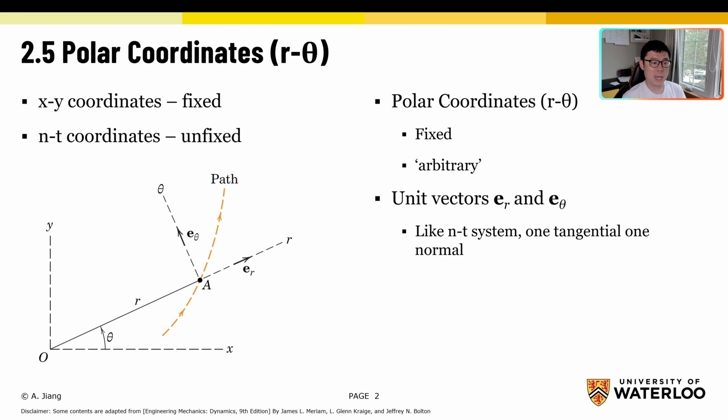Similar to the xy and nt system, the polar coordinate system also has a pair of unit vectors called er and e theta. Lastly, as I already mentioned, the position vector is given by connecting the origin O to the point of interest. It can be written using unit vector. In this case, little r is the magnitude, and the direction is given by the unit vector er.